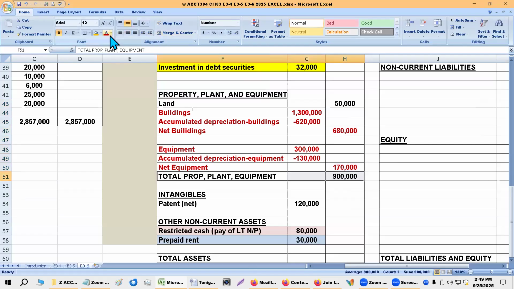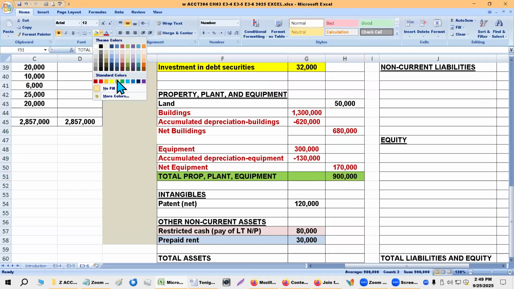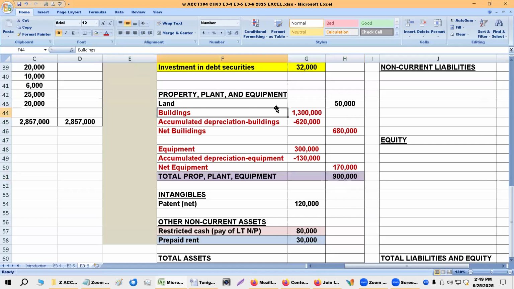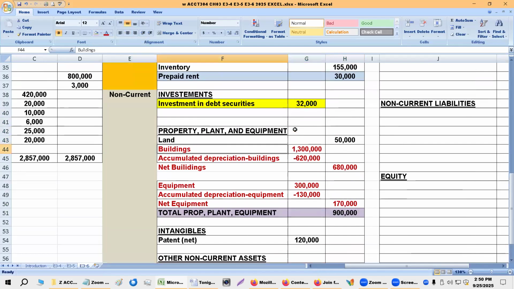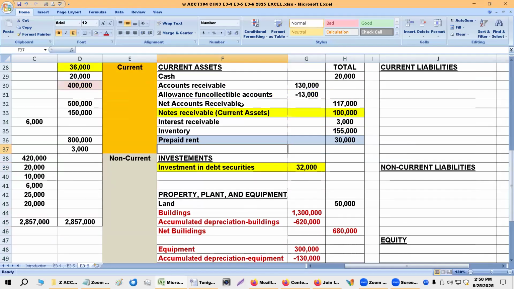Let's make these all, it's a little bit harsh, maybe. Okay, we'll make the totals purple. I'm going to move the investments down one, purple.